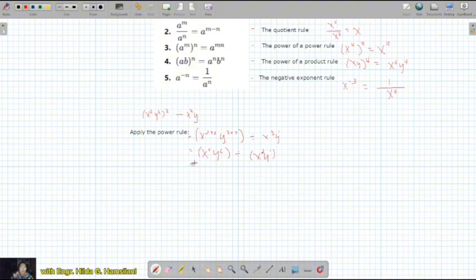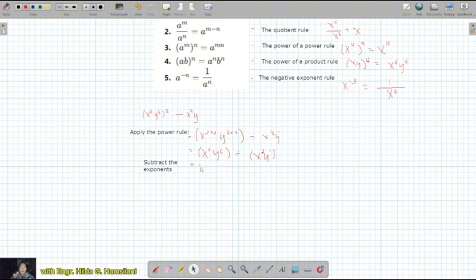Next, we subtract the exponents. Why do we have to subtract the exponents? Because they are in a division form.